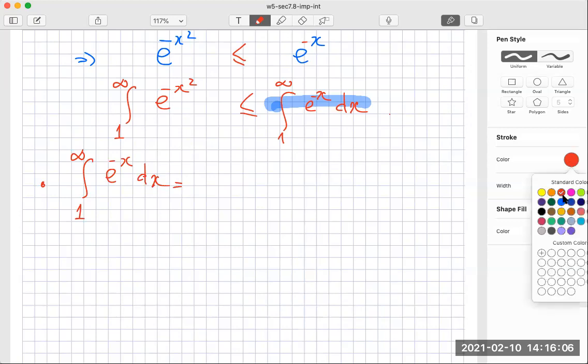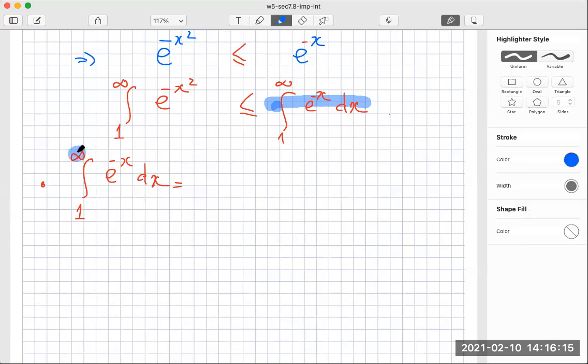Is it an improper integral type 1 or type 2? Type 1, right? We write this as a limit as t approaches infinity of the integral from 1 to t of e to the negative x dx, right?